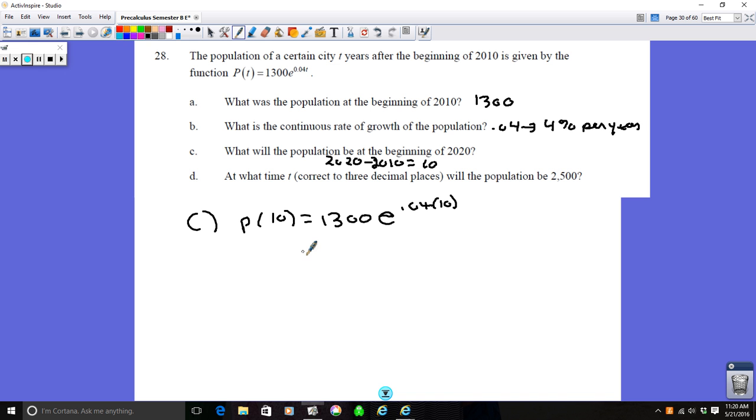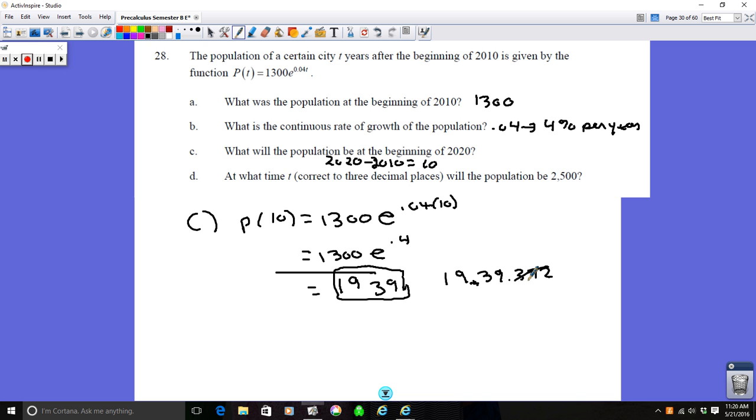So that's 1300 e to the 0.4 power, which is 1939.372. But they asked you for population, you can't have part of a person. So therefore, we don't have a full person yet, so we leave it at 1939.